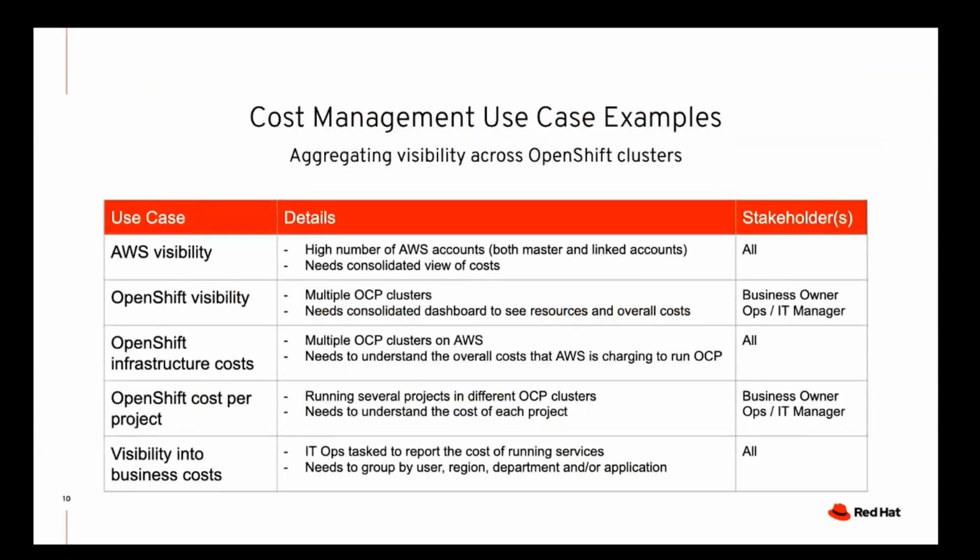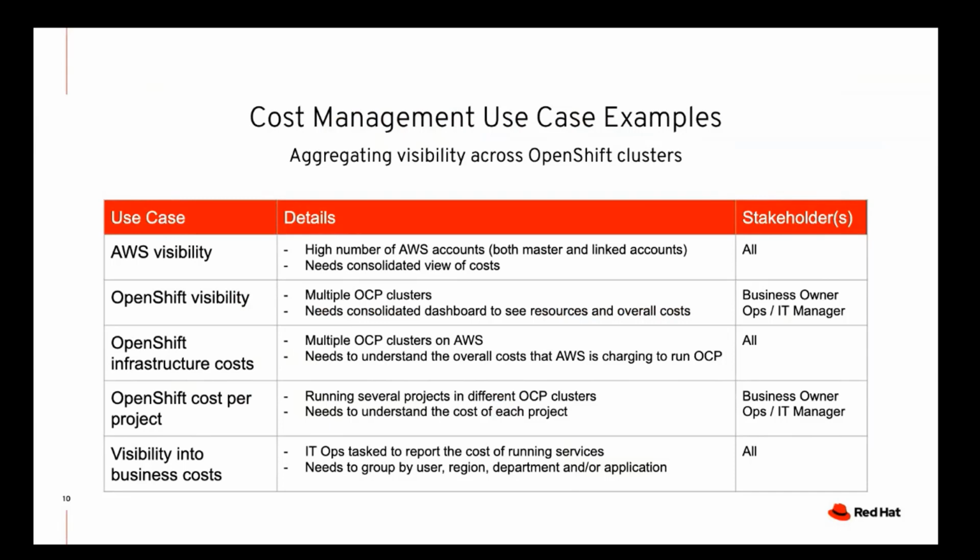Just to give you some example. The first one will be, well, you're running OpenShift and you're running that in many clusters. You have your production clusters, you have your QE clusters, and they are all running in the cloud, or some of them are running in the cloud and others on-premise.